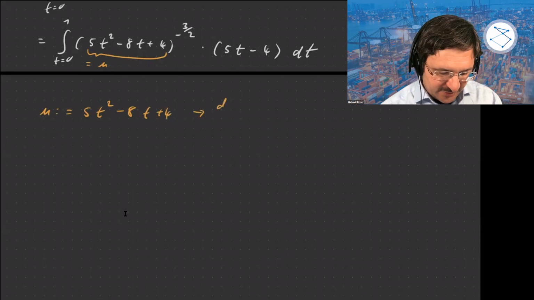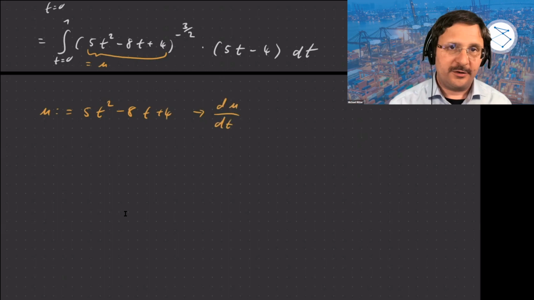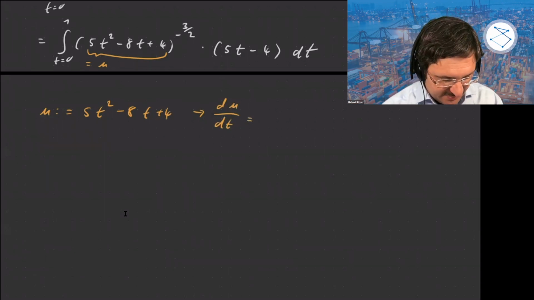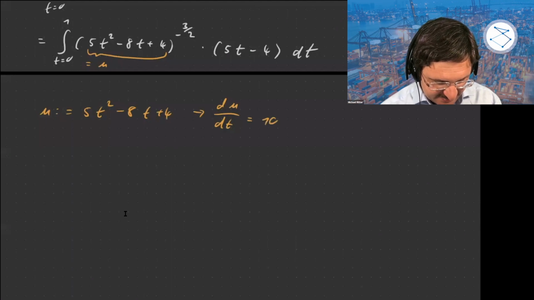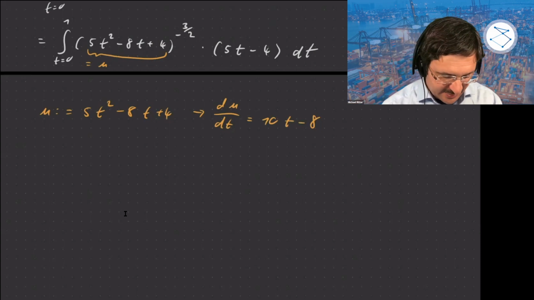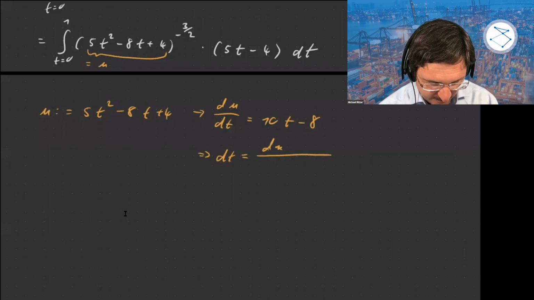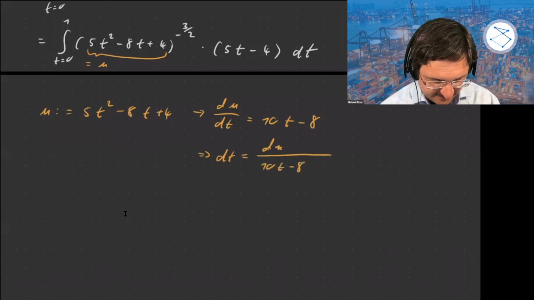For substitution, we need to compute du by dt. So we need to differentiate u with respect to t. That is 10t minus 8. And that means dt is equal to du over 10t minus 8.